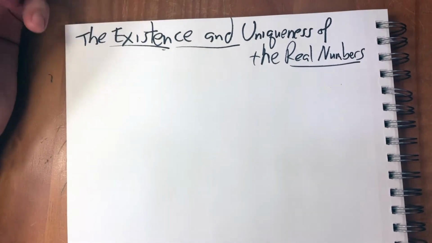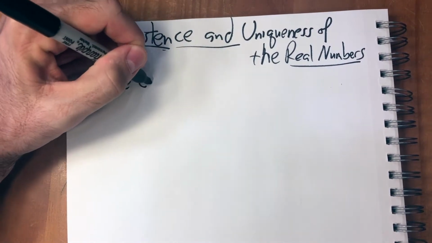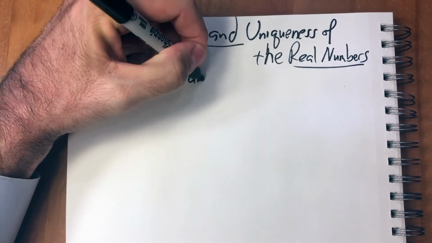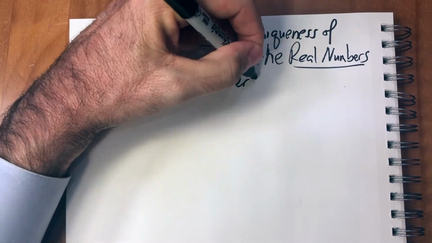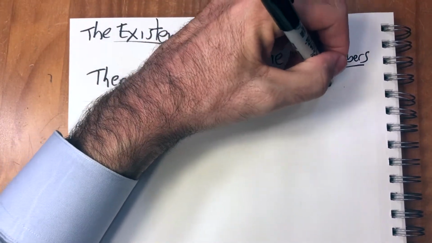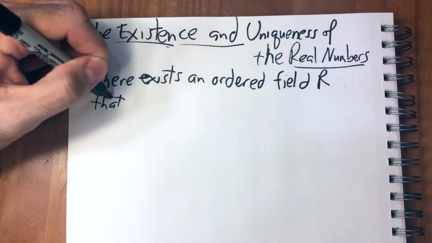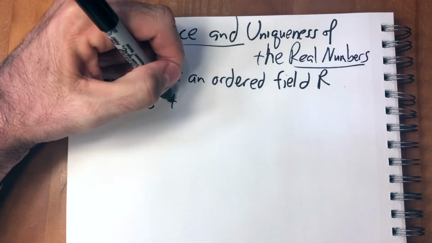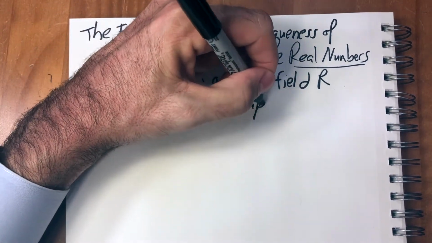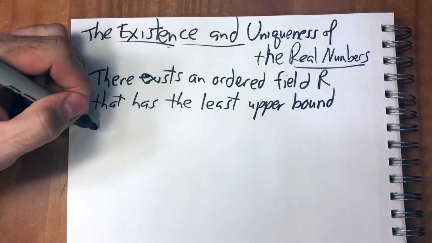Okay, there exists an ordered field R that has the least upper bound property.